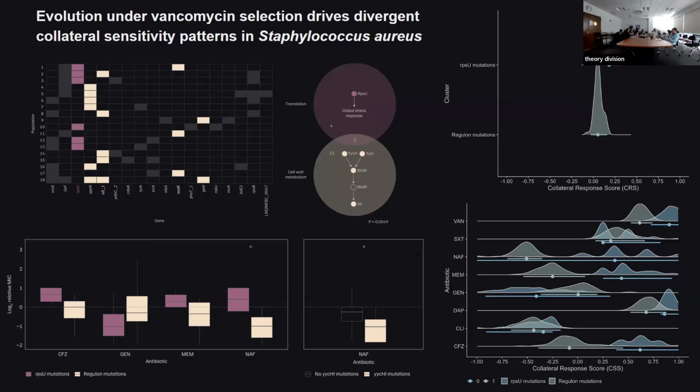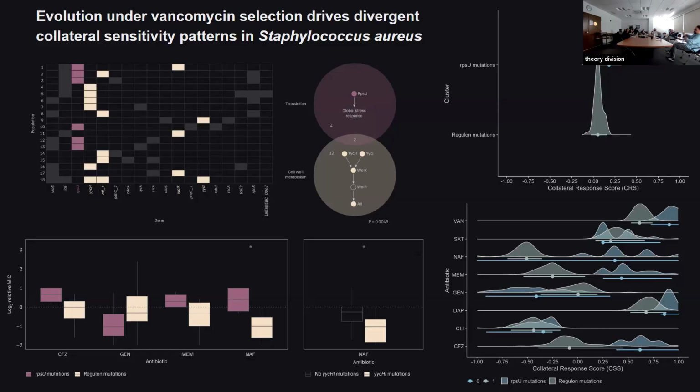In one of the pathways, mutations occurred in IPSU, which is responsible for global stress response. In the other pathway, mutations tended to occur in the wall-KR regulon. It's involved in many phenotypes, primarily cell wall metabolism.